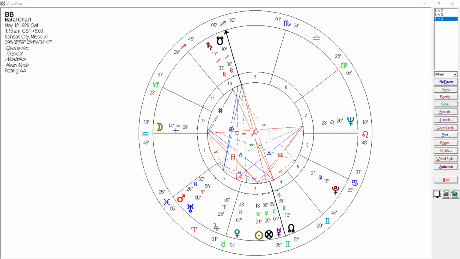Because when any planet applies to any other planet, it engages in something called the pushing of management. That management refers to the house that planet A rules. So in this particular case, the moon rules the 6th house.